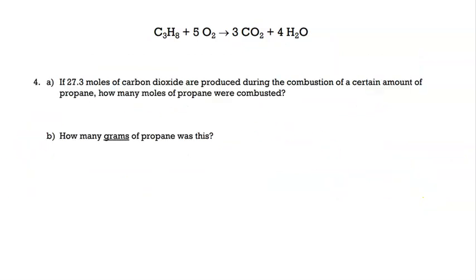Okay, and on to number 4, last one for this video. Still sticking with the propane reaction. Let's go red this time. So if 27.3 moles of carbon dioxide are produced, okay, during the combustion of a certain amount of propane, how many moles of propane were combusted?